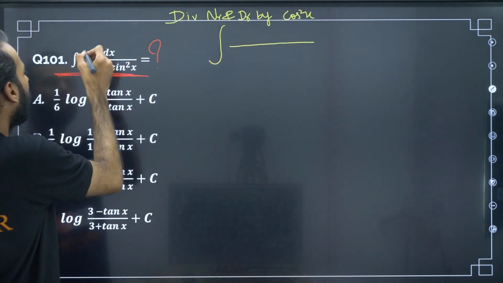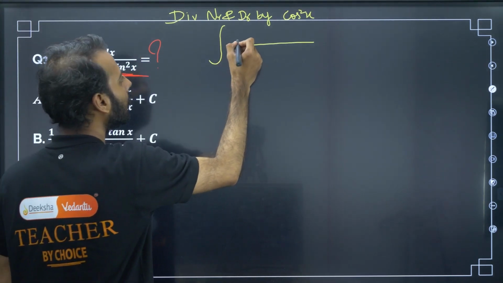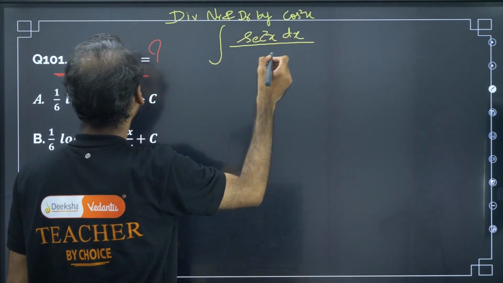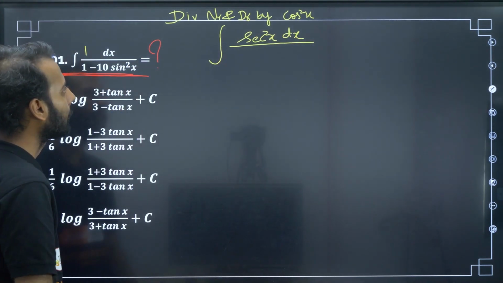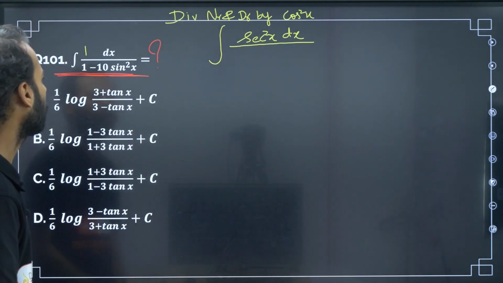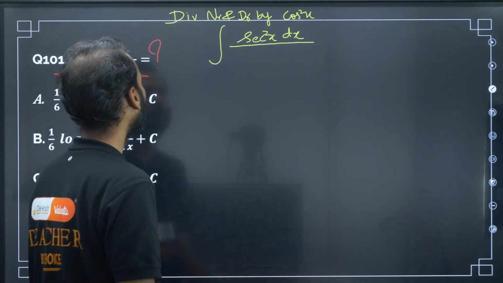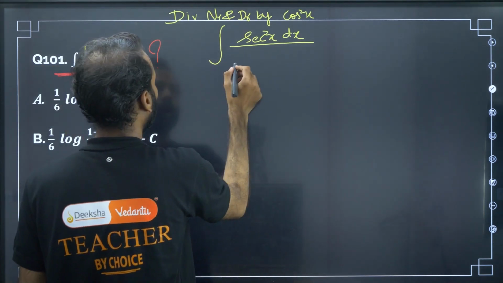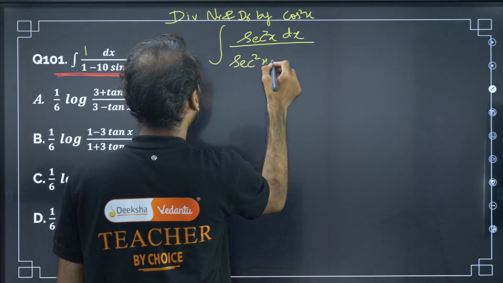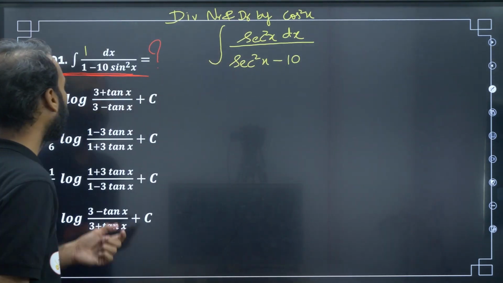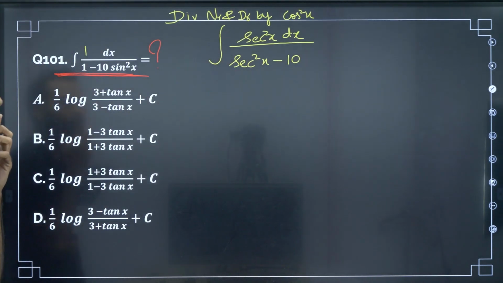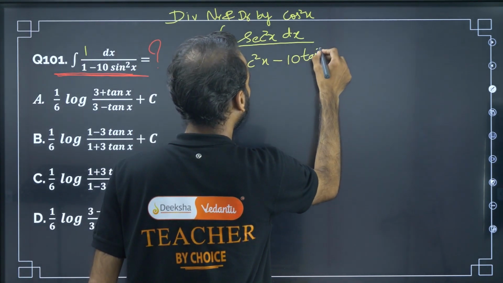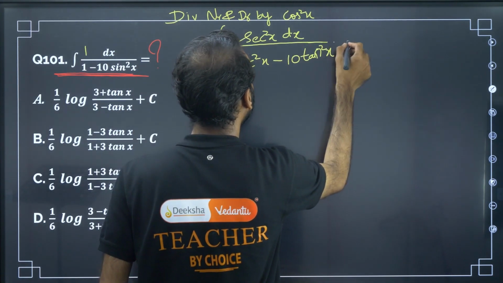If I divide, 1 by cos square x gives secant square x in place of dx, by 1 by cos square x, which is also secant square x, minus 10 sin square x by cos square x, and sin by cos is tan, so this is tan square x.